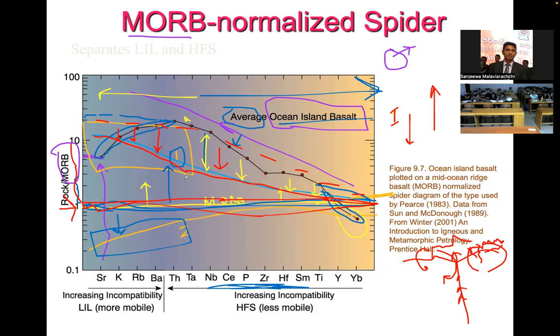So this is one objective of studying these patterns in trace elements, which is very important to study the evolution. This is only one possibility; there can be so many other possibilities, but these are very general, very simple ones.